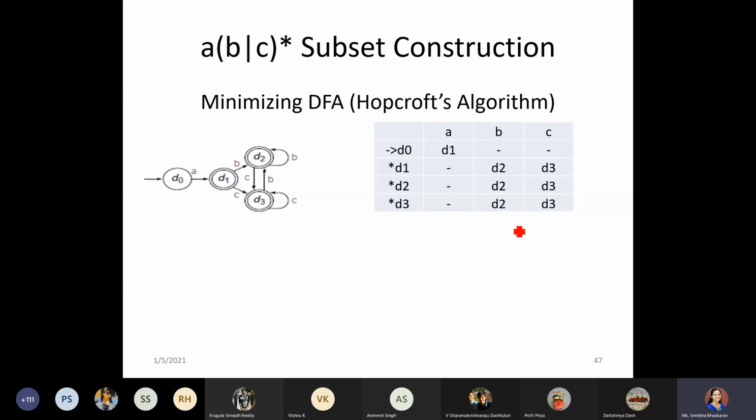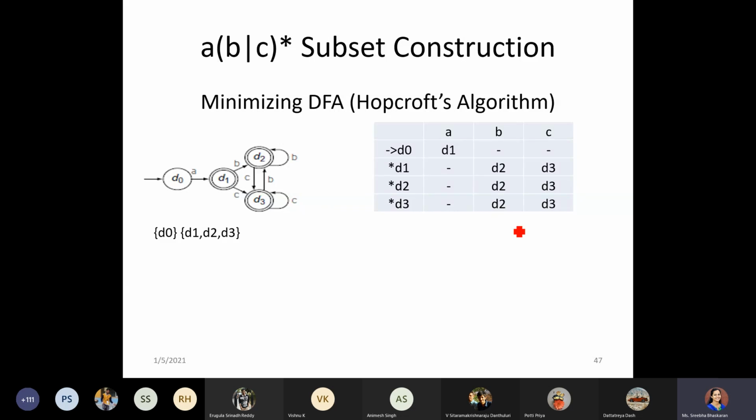In grouping, how do you start? As in the tabulation method, when you start, you first identify how many final states and non-final states we have.